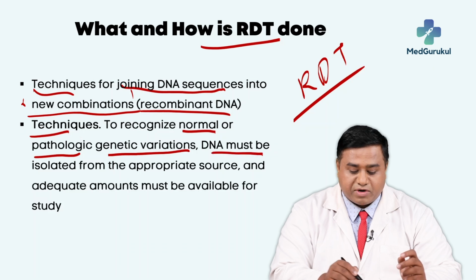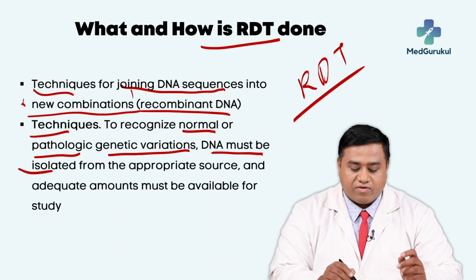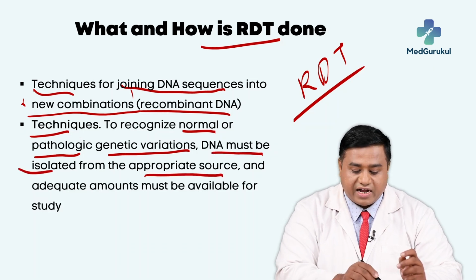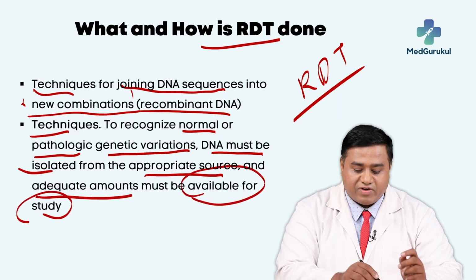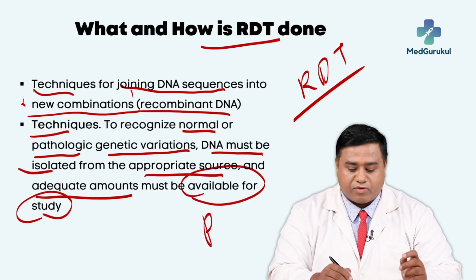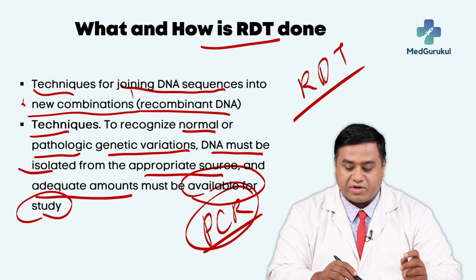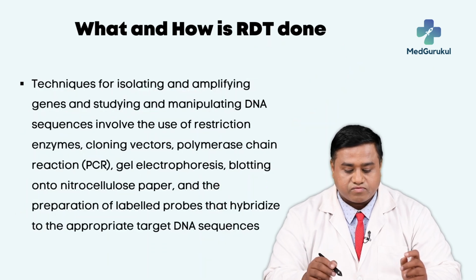For that, DNA must be isolated from an appropriate source in appropriate amount, and it is made available for the study with the help of a technique called PCR, polymerase chain reaction.